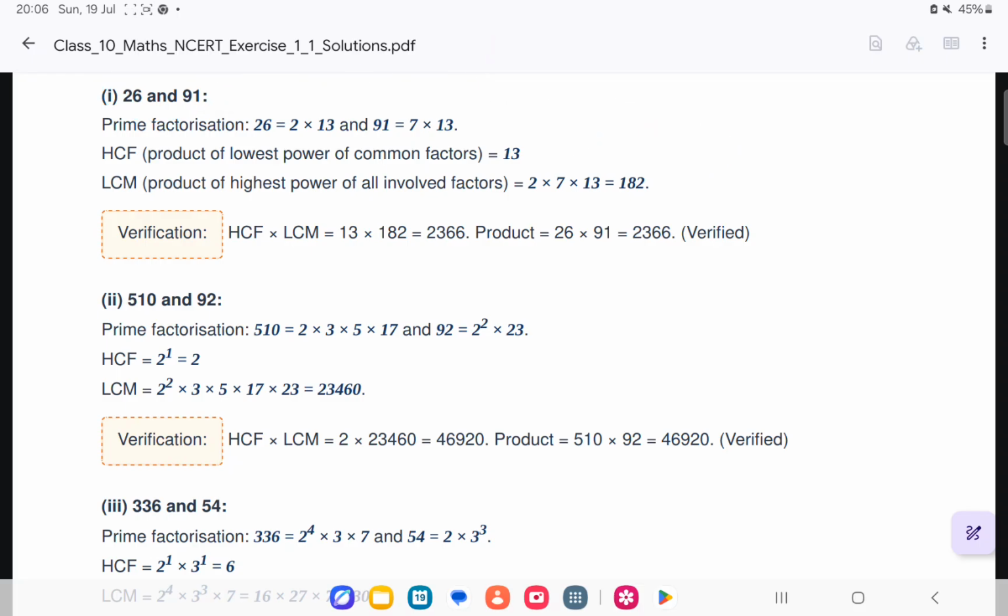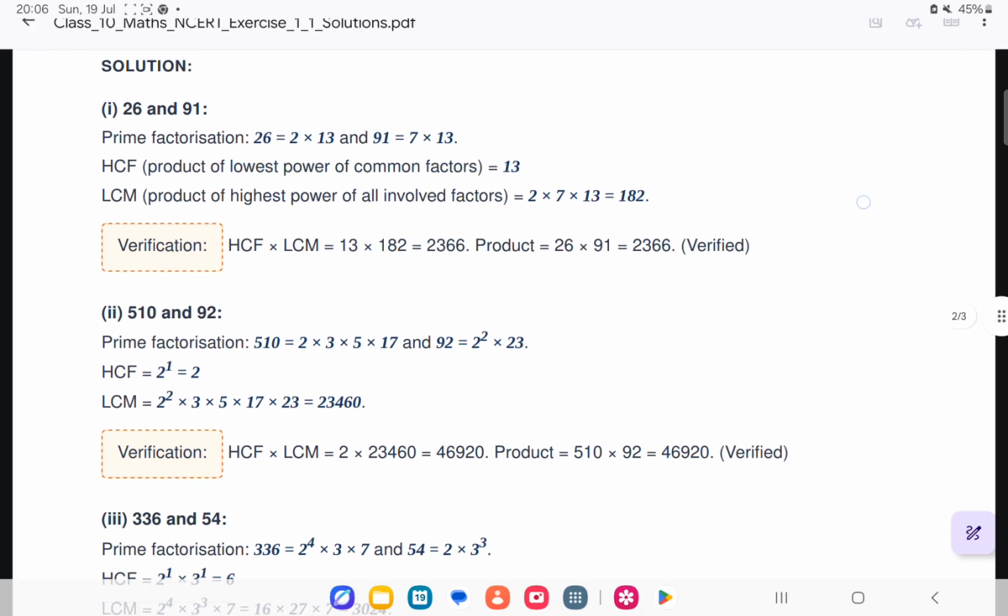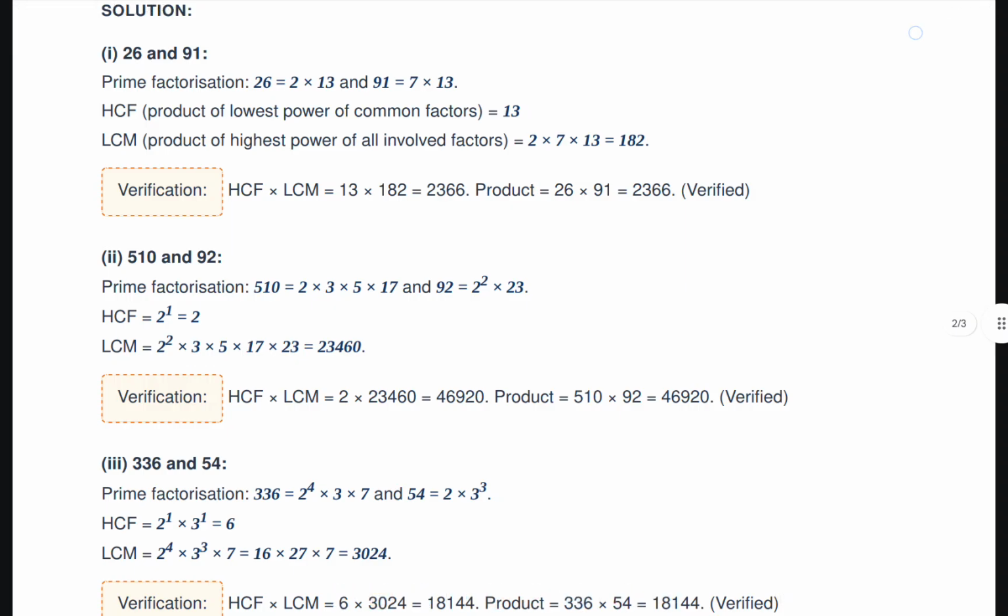Okay, so first of all, in this question, what you will do first is get the prime factorization of each number. Here you are given two numbers which are 26 and 91. So the prime factorization of 26 is 2 and 13. Okay, and of 91 is 7 into 13.